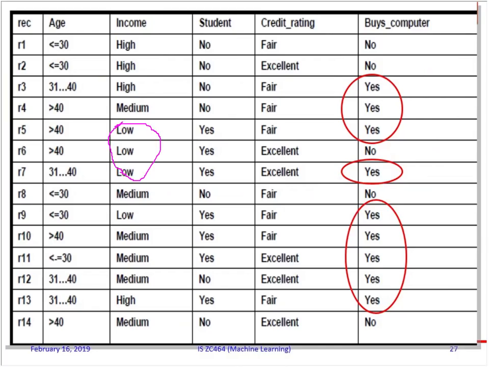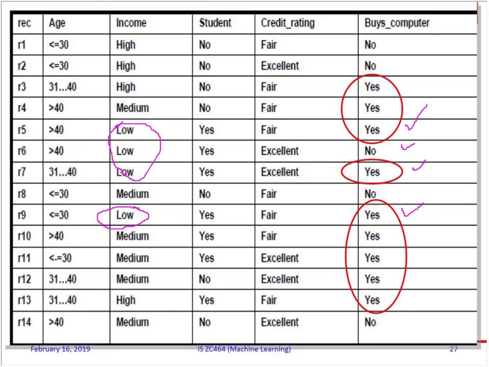So low is R5, R6, R7, and R9. These are the 4 records which are using this low value of income. Of these, R5 is giving us a positive class, R6 is negative, R7 is positive, and R9 is positive. So how many are positive here?